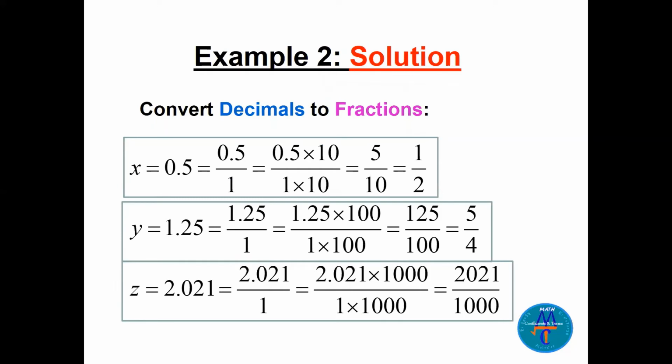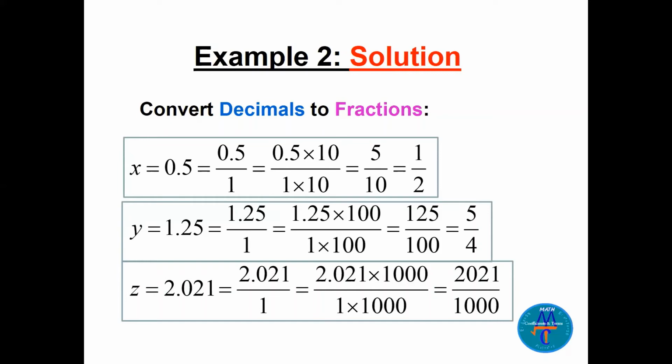Now, x equals 0.5. I can write 0.5 as 0.5 over 1. See how many digits there are after the decimal point: 0.5, 1 digit. So I multiply by 10 up and down. 0.5 times 10, move the decimal point, it will be 5. 1 times 10 will be 10.